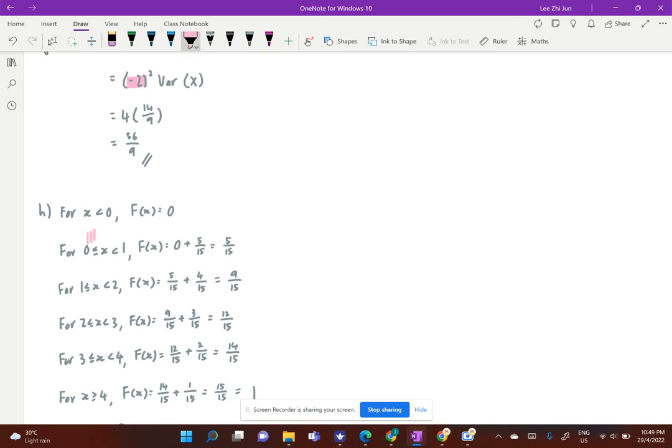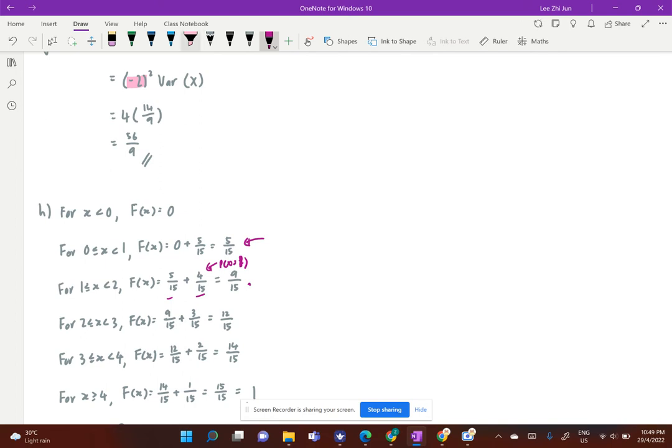For 0 to less than 1, F(x) is 0 plus this 5 per 15, so I get 5 per 15. For 1 to less than 2, F(x) equals 5 per 15 plus 4 per 15, which is 9 per 15.